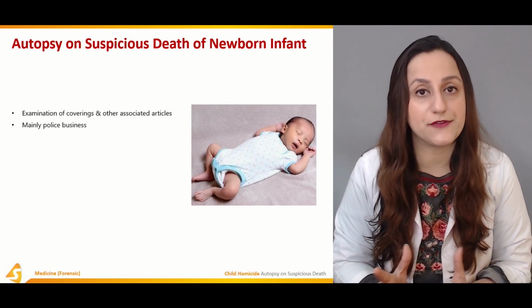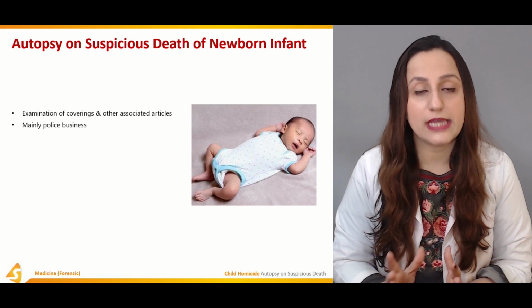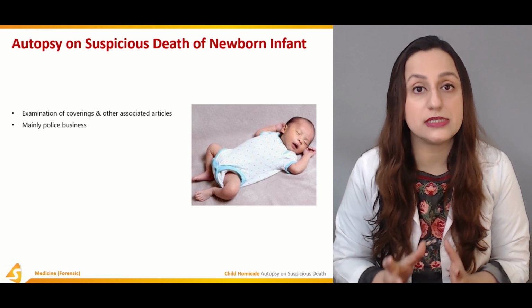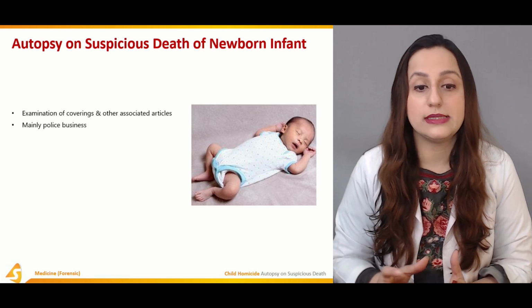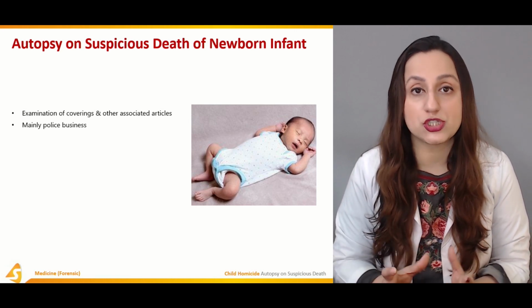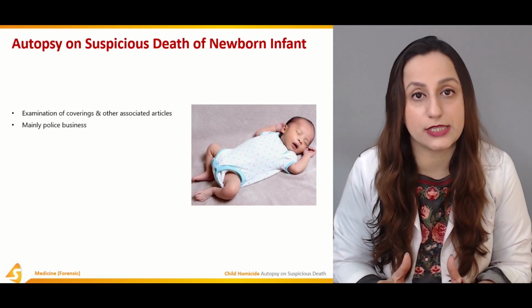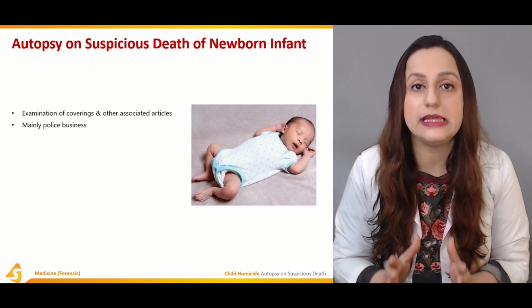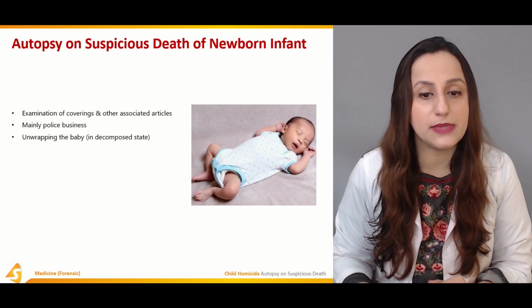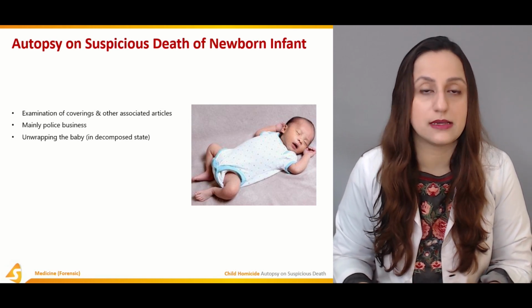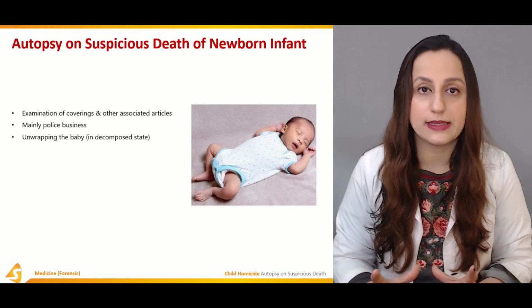You can keep a photographic record of the crime scene, whatever you can provide as evidence in court, but you're not going to pass comments on the whole suspicion or the whole scenario of the death of the infant. It's completely police business, and that has to be kept in mind. Now, unwrapping the baby in the decomposed state, first of all you look for the clothing.